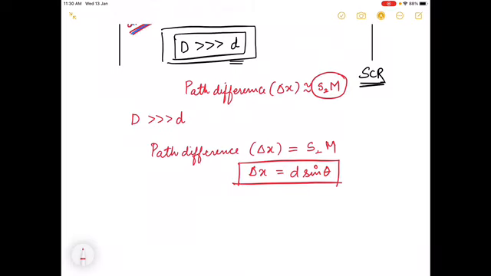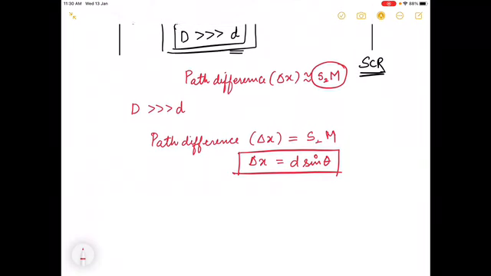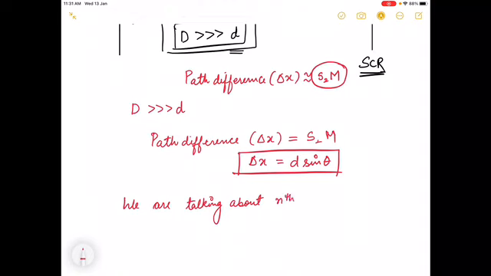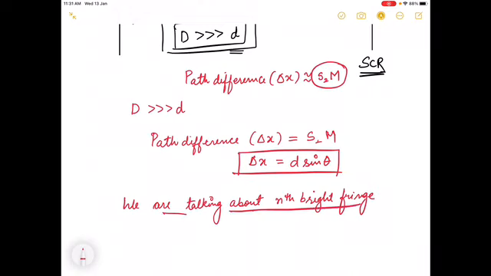Now, before that, we know that we are talking about the nth bright fringe, right? Nth bright fringe means we are talking about the bright spot. We all know that in the previous lecture we talked about the interference video.